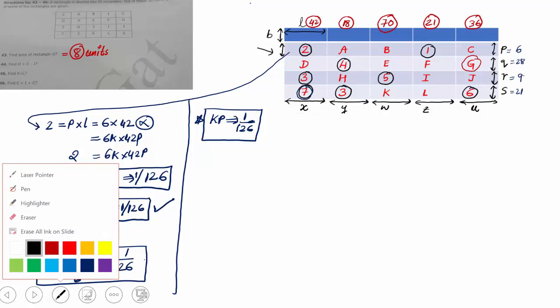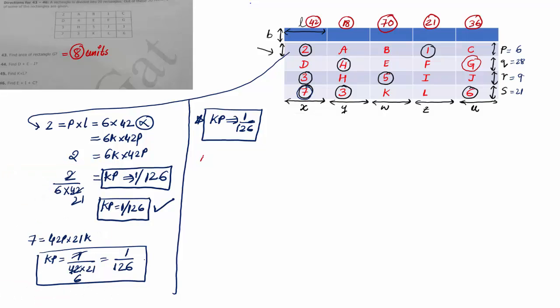Now what is the next question? They're asking to find out the area of D plus E minus J, isn't it? What is D? D is, where is D? This one, 42 into this one, 42 into 28.